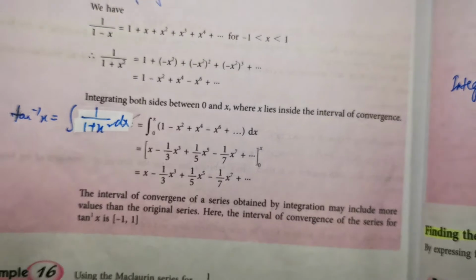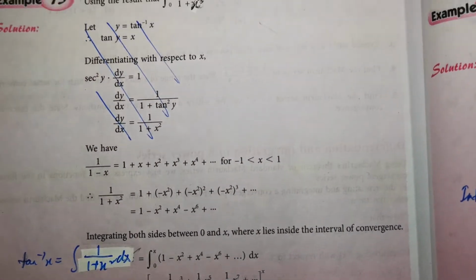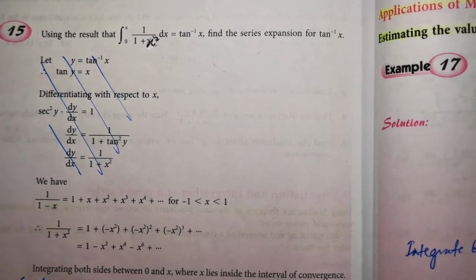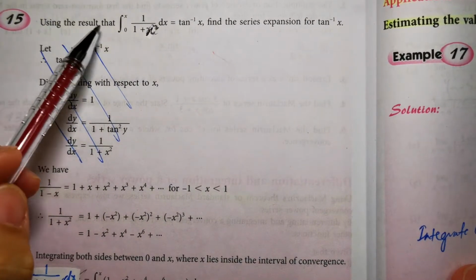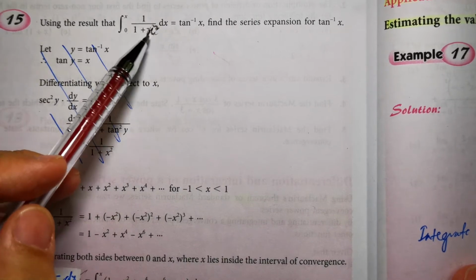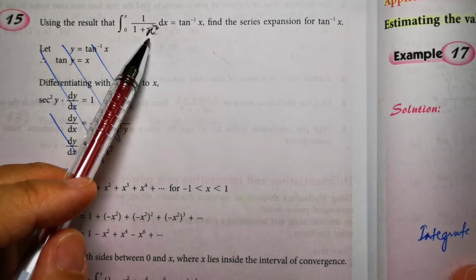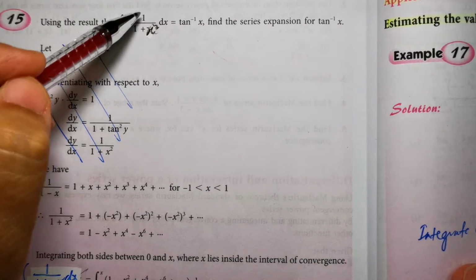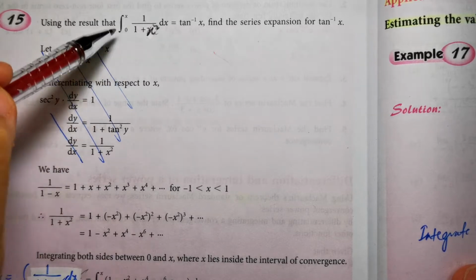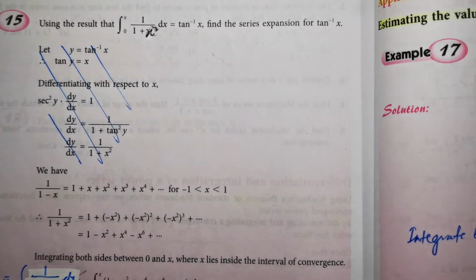Now we see another one, which involves integration. So this is the question. Using the result that integrating 1 over 1 plus x squared from 0 to x dx gives arctangent x.